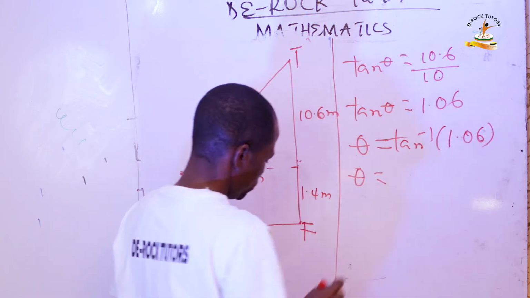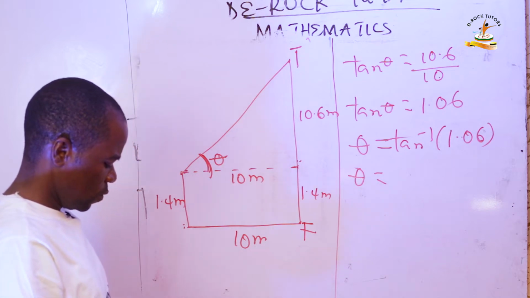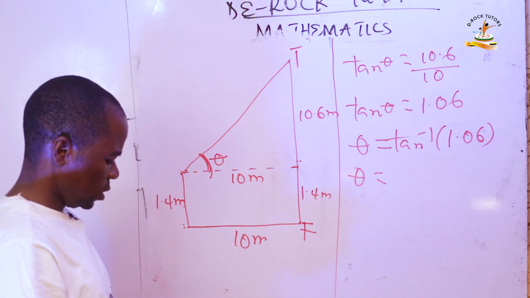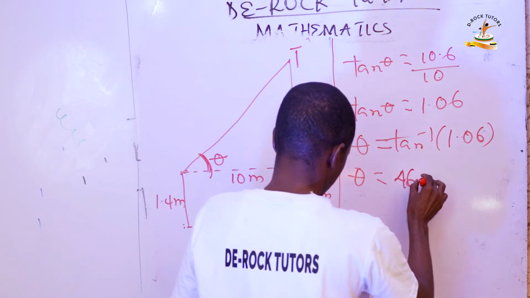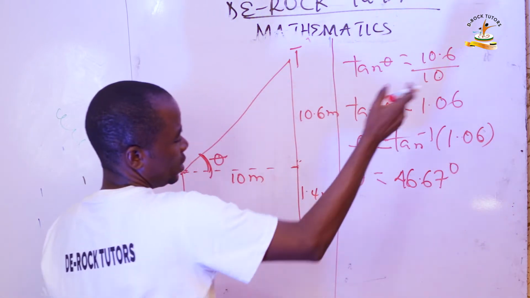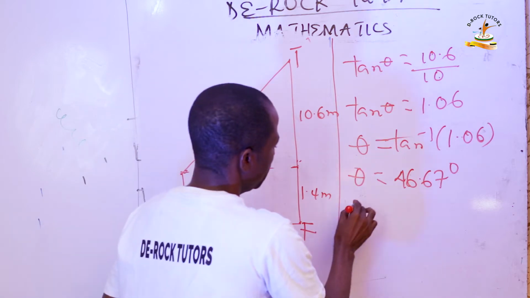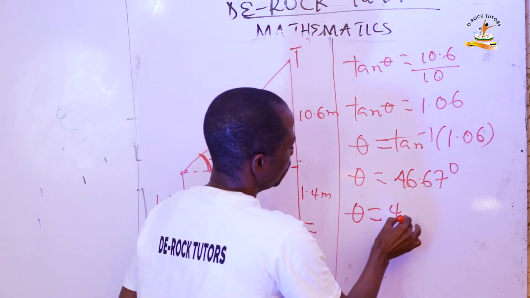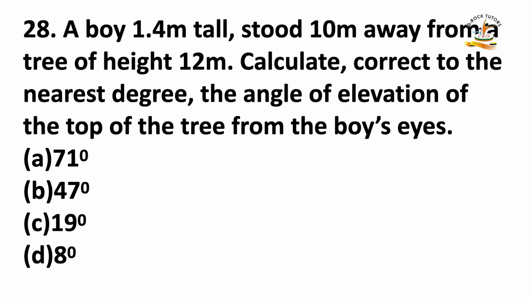And if we use a calculator to find the arctangent of 1.06, we are going to get 46.67 degrees. And since we are asked to write our answer correct to the nearest degree, then our theta will be 47 degrees. That is option B.